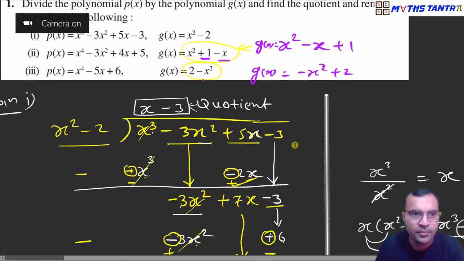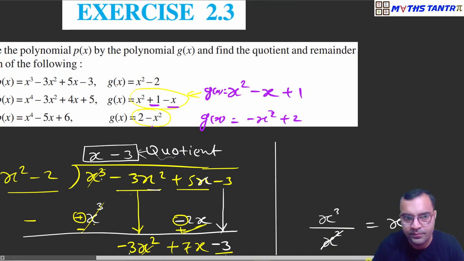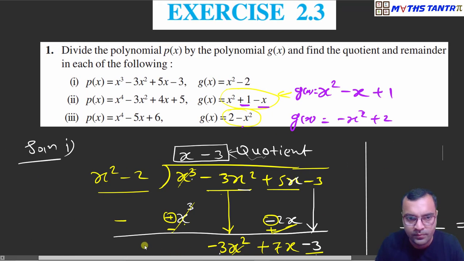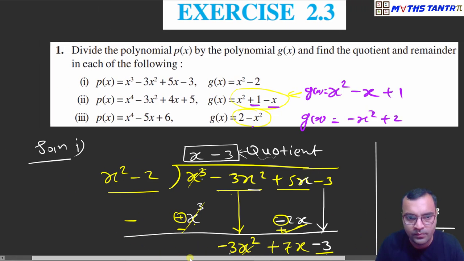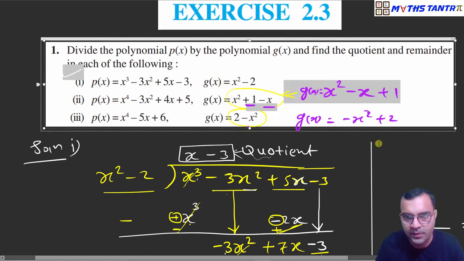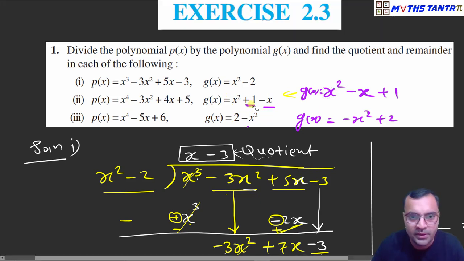Okay, let's take the second example. Let me write it down first. Your divisor. What we'll do, we'll directly write it down. I have explained how to write it down in the last class itself.